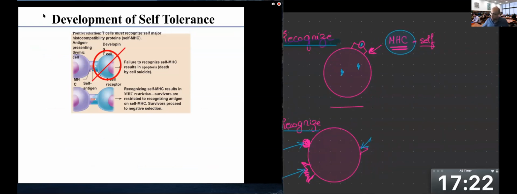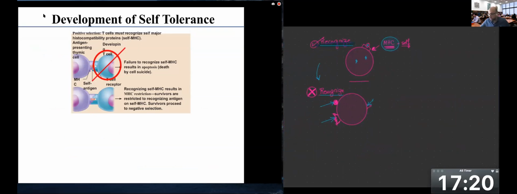What if I failed to recognize? Can I repeat this course? No, you're going to be destroyed. If the cell did not recognize MHC, I will attack it and induce apoptosis. It's going to be destroyed.